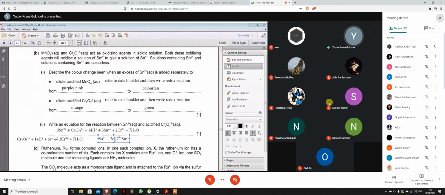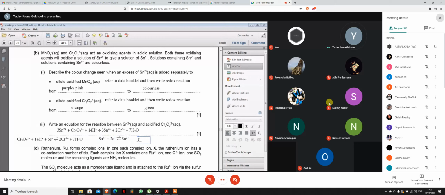Now, we could also have been given the equation about Mn. So we all know that KMnO4 in fact is MnO4 minus, and it is purple in color.